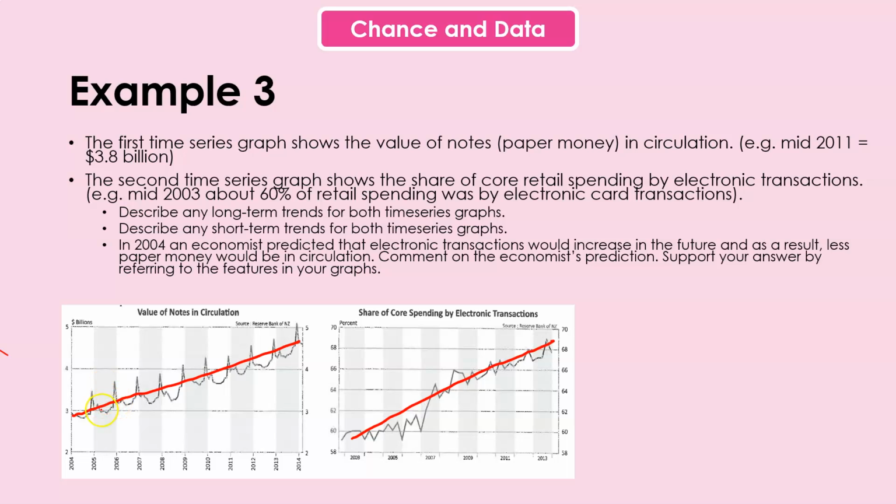If we take a look at the patterns, again, good old Christmas peak around here, which is quite prevalent in the paper money. If we look at the electronic transactions, though, there are peaks. It doesn't appear to be as seasonal as it is for the paper, but there are peaks around that December time once again.